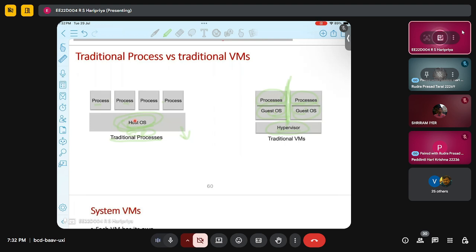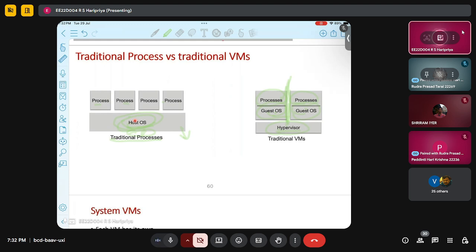All these guest OSes will see the hardware, and the process will only know the system calls that it invokes on its guest OS. No other system call will be there inside the guest OS, because the process's system calls will be routed through this guest OS, which is completely a virtual machine.